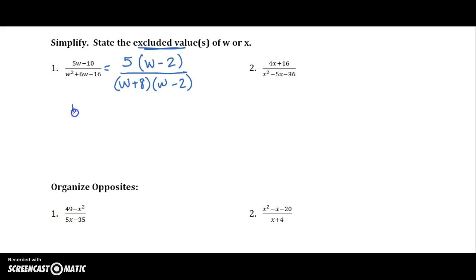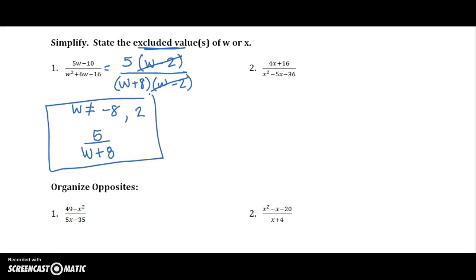Well, W cannot be negative 8 because that would give us 0. And it cannot be positive 2 because that would give us 0. Other than that, to simplify, I have the W minus 2, the exact same in the denominator. We're multiplying here, so it is legal to cancel my W minus 2's. And my simplified version is 5 over W plus 8. So this is my complete answer.